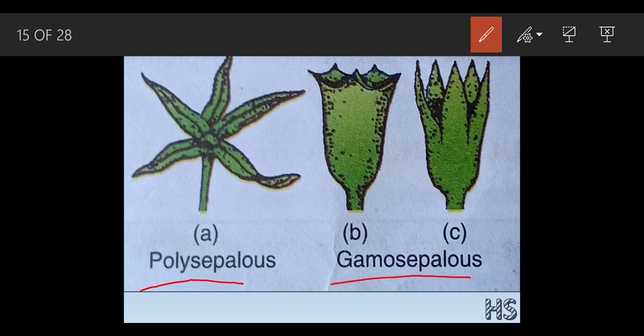I'm going to divide these words. Poly means which are free. The word gamo means which are fused. Fused means, in an easy word, together.